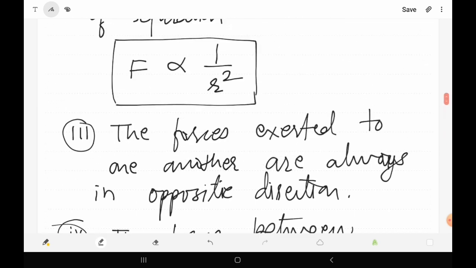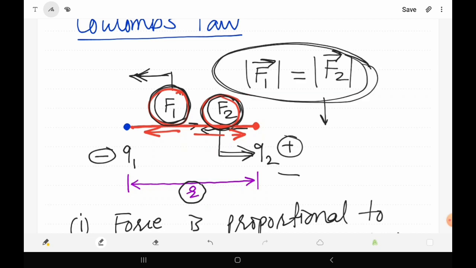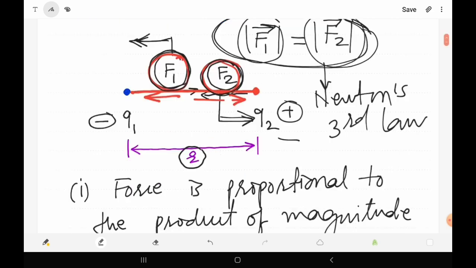Now let us consider again. The magnitudes of the forces F1 and F2 are always equal. If we consider their magnitude, it is proved by Newton's third law, by the force of action and reaction. So mod of F1 and mod of F2 are always equal to one another, meaning the same amount of force will be exerted on each other's charge.